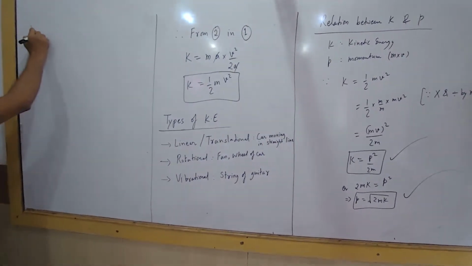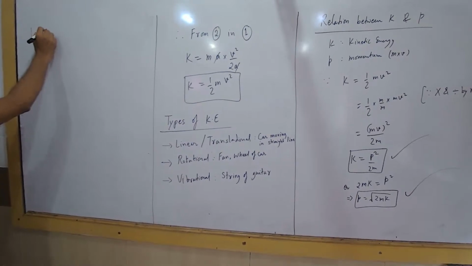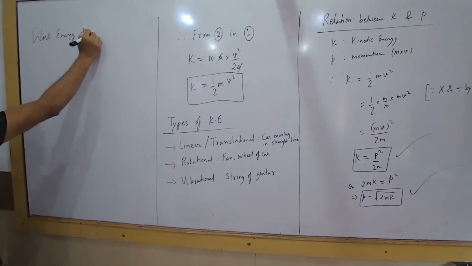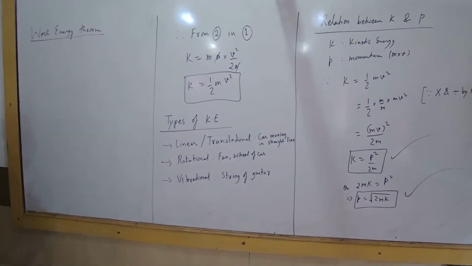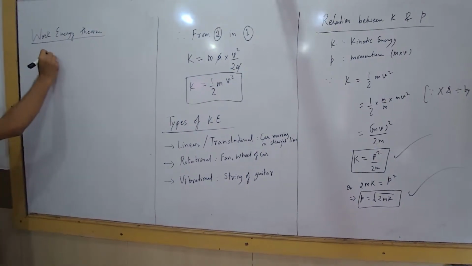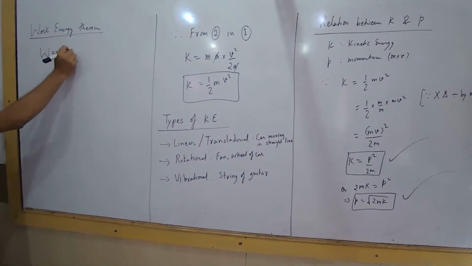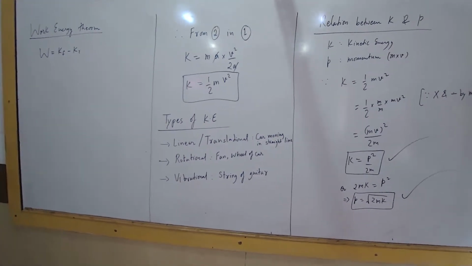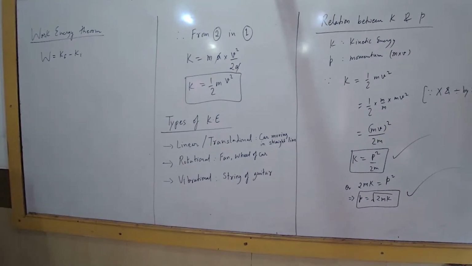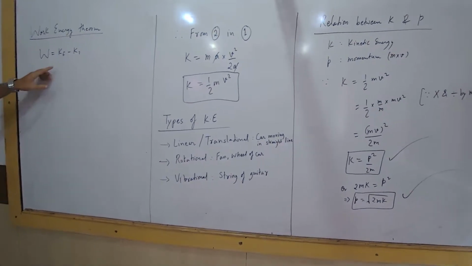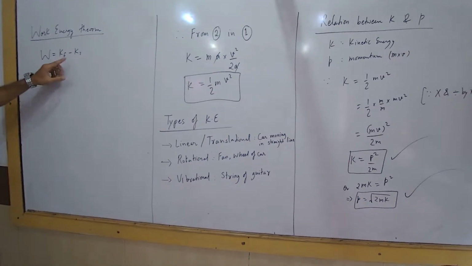This is called the work energy theorem: W is equal to K final minus K initial. Work done is equal to final kinetic energy minus initial kinetic energy.